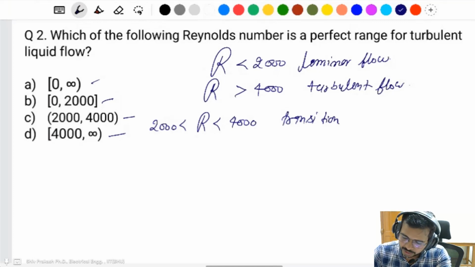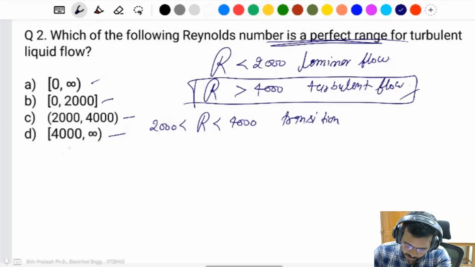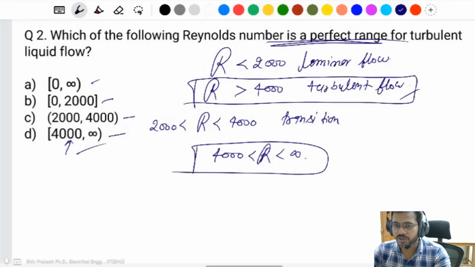But the question is asking about the perfect range. Perfect range means greater than 4000 for turbulent flow, so 4000 to infinity is the option.